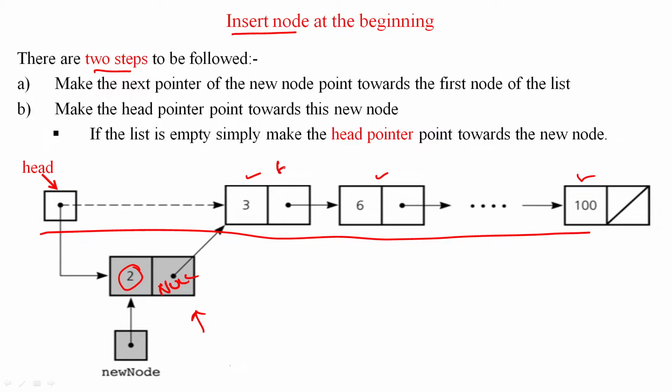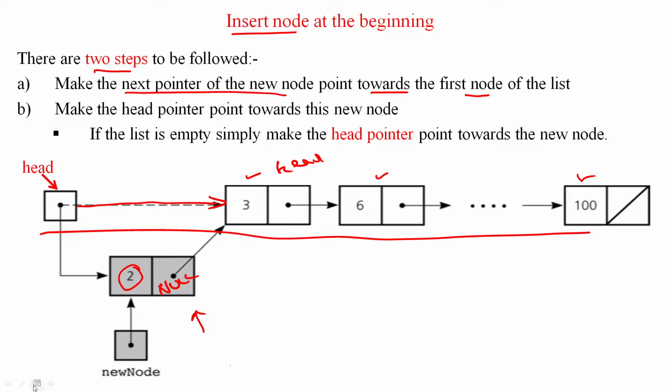So this is the head node as of now, this line indicating this one. To insert the new node into the list, we have to make the next pointer of the new node point towards the first node of the list, that means the current head node.